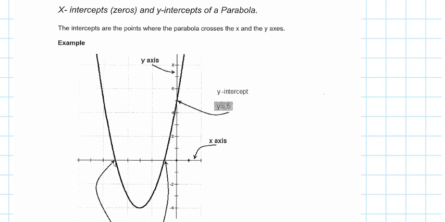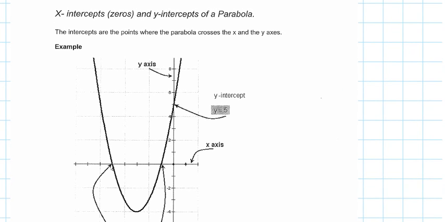Now I'm going to look at the x-intercepts and at the y-intercepts. Okay? So the x-intercepts, as you might have guessed, is when the graph intersects your x-axis. Where is this graph intersecting the x-axis?